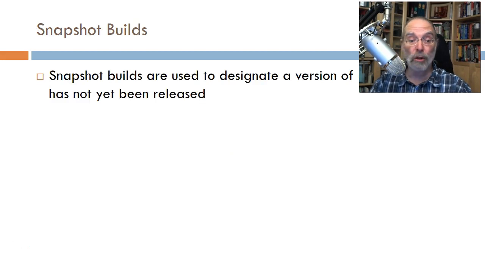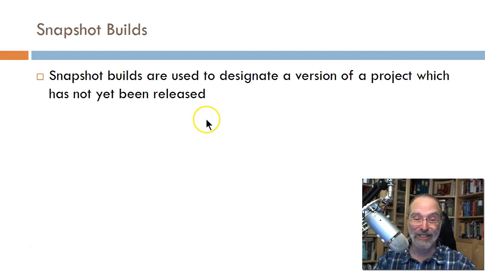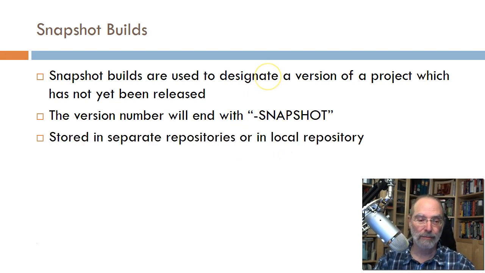Snapshot builds. There's our word snapshot. It's used to designate that this particular project has not yet been released. So this is not the production version. It ends with -snapshot after the version number. And it's kept separately from other files.